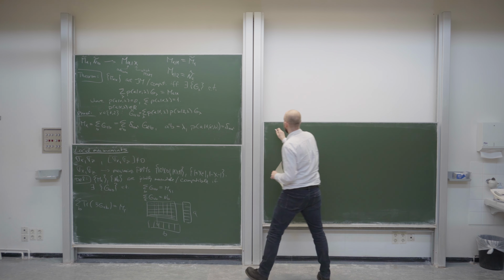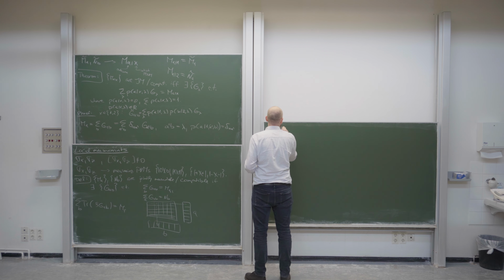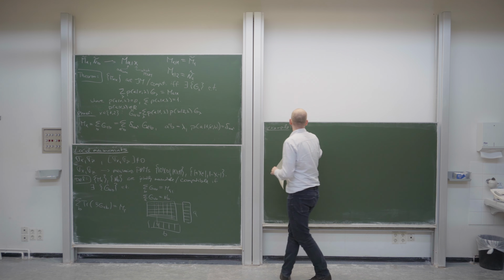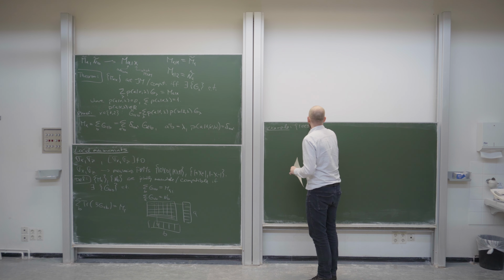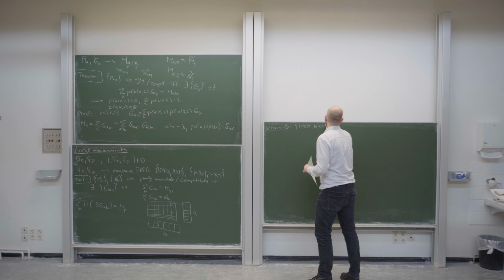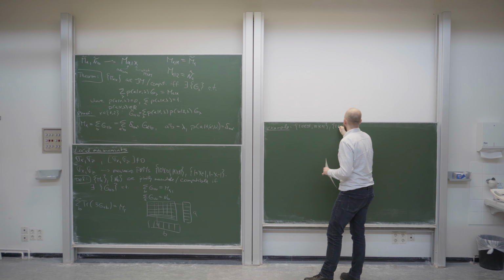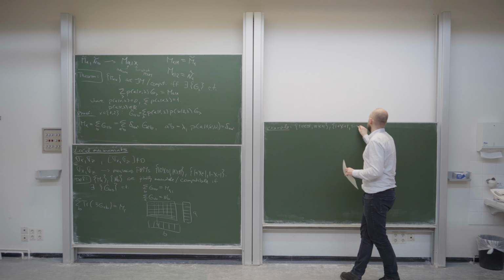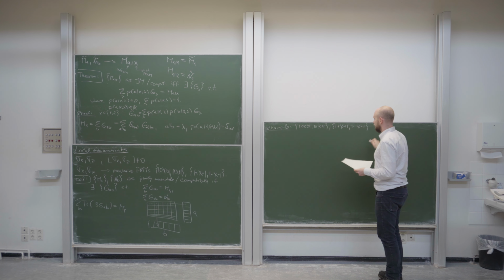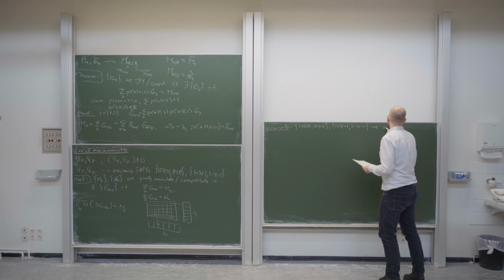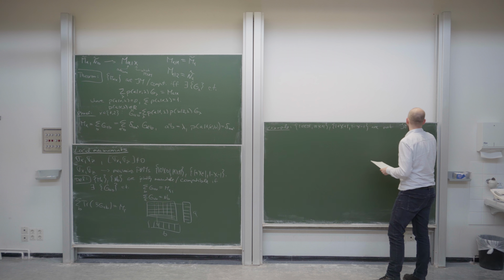So we can now do a simple example where we show that these two projection valued measures corresponding to sigma x and sigma z are incompatible. So they're not jointly measurable.